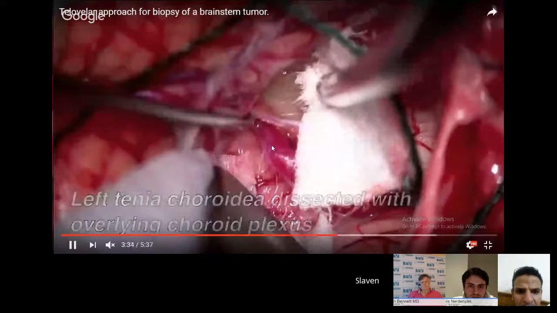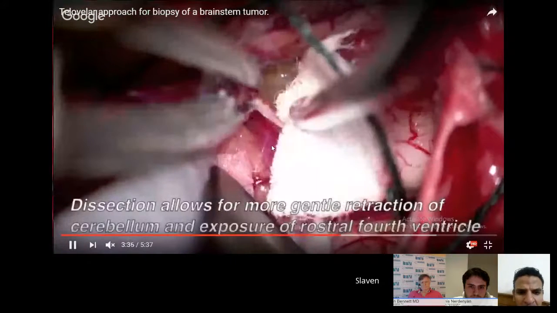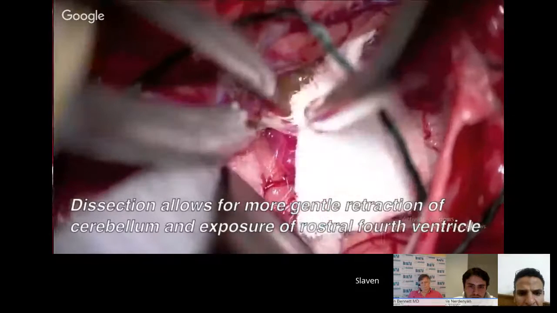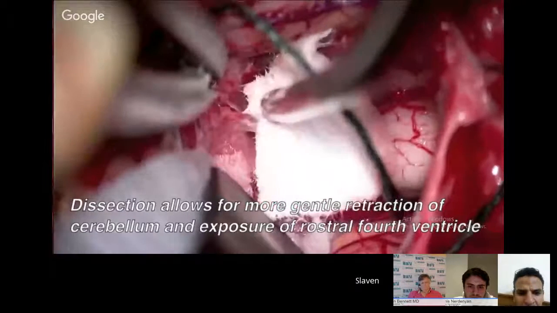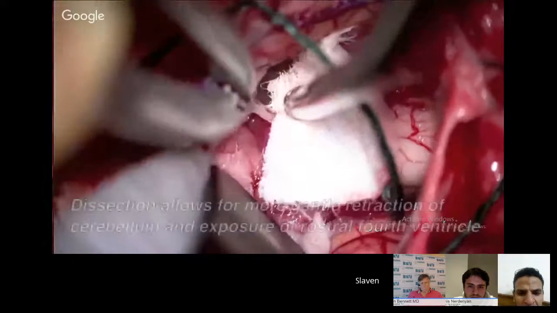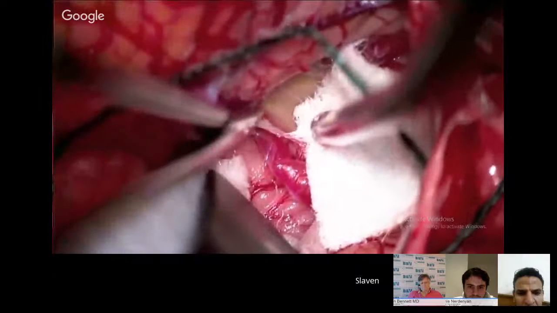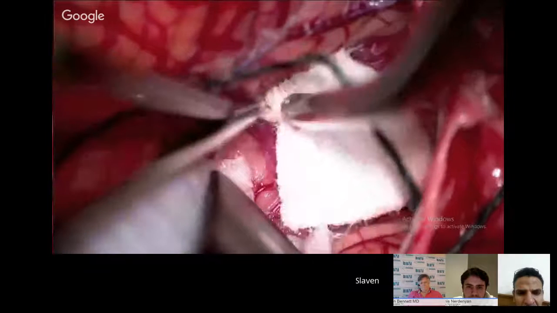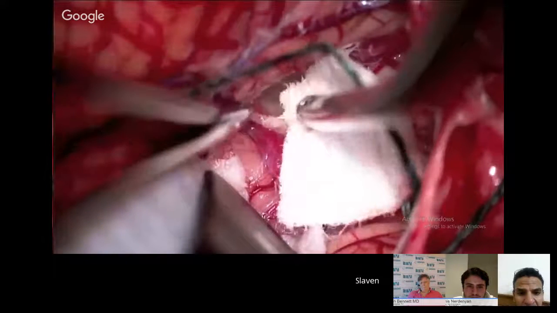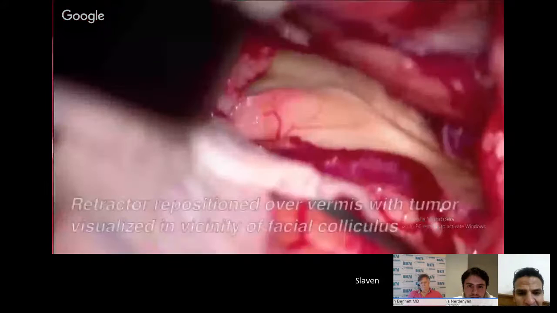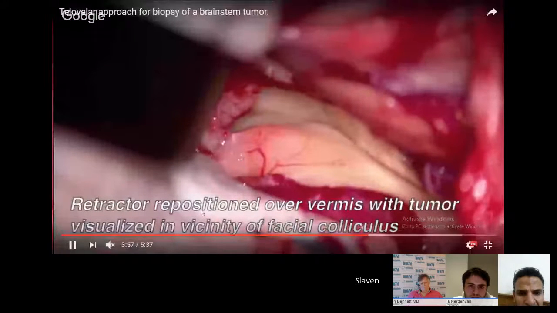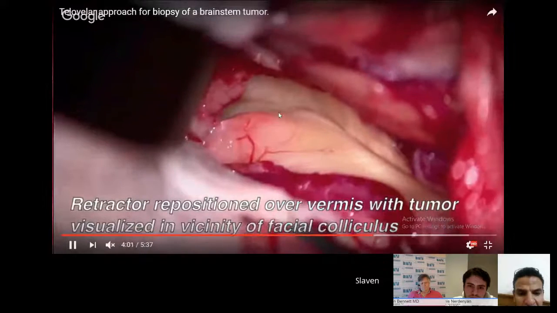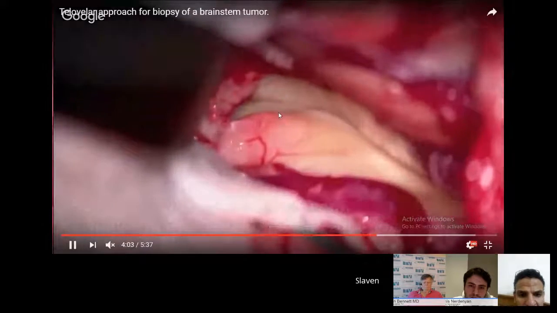So now it's basically opening of those membranes. And finally, this allows more gentle retraction of the cerebellum itself because the attachments are dissected. Okay, and finally, the tumor is approached.